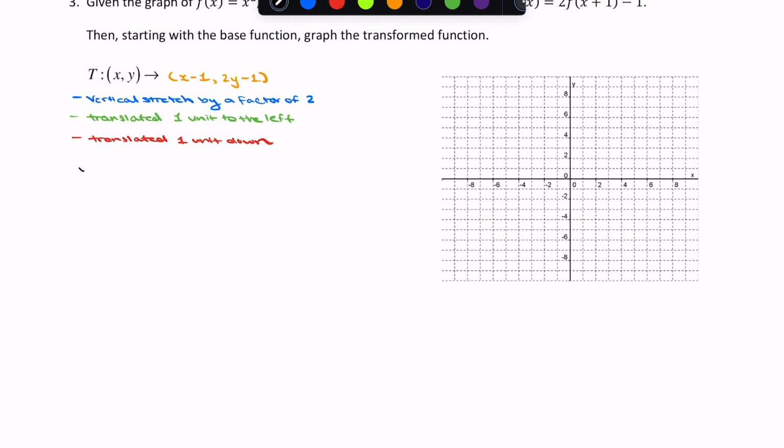So our parent function is y is equal to x squared. Here we have our x and our y values. So for x, we have negative 2, negative 1, 0, 1, and 2. And for our corresponding y values, we'll have 4, 1, 0, 1, and 4.